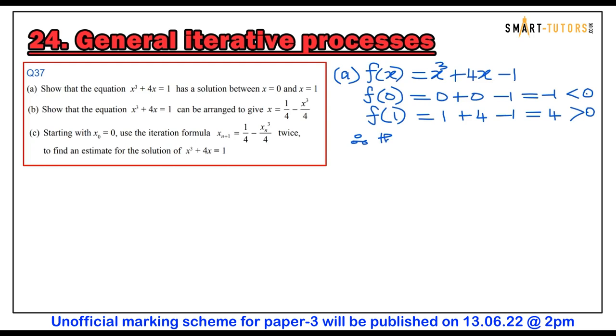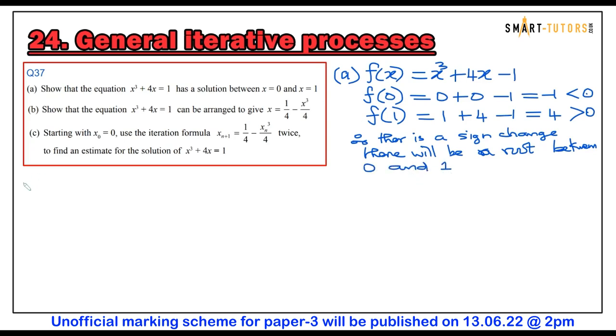Therefore, there will be a root between 0 and 1. So that's how to finish the A part.